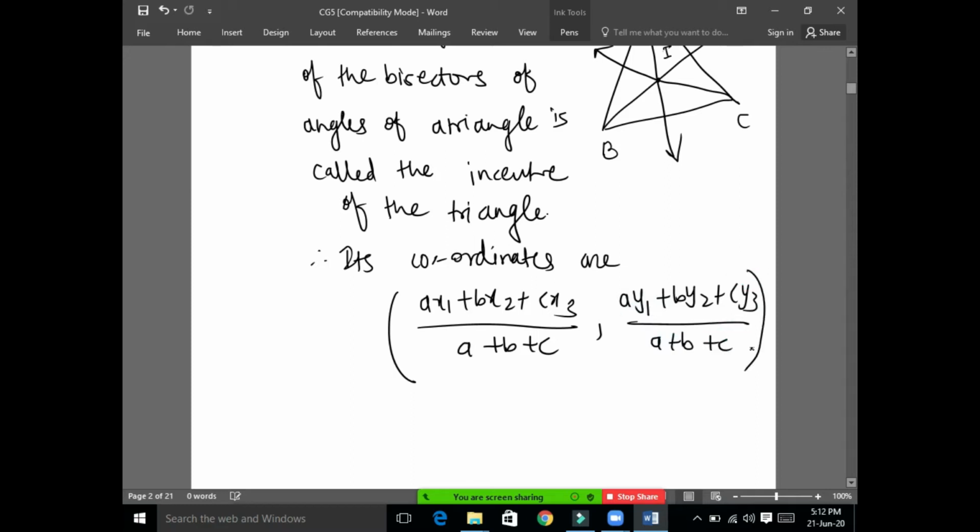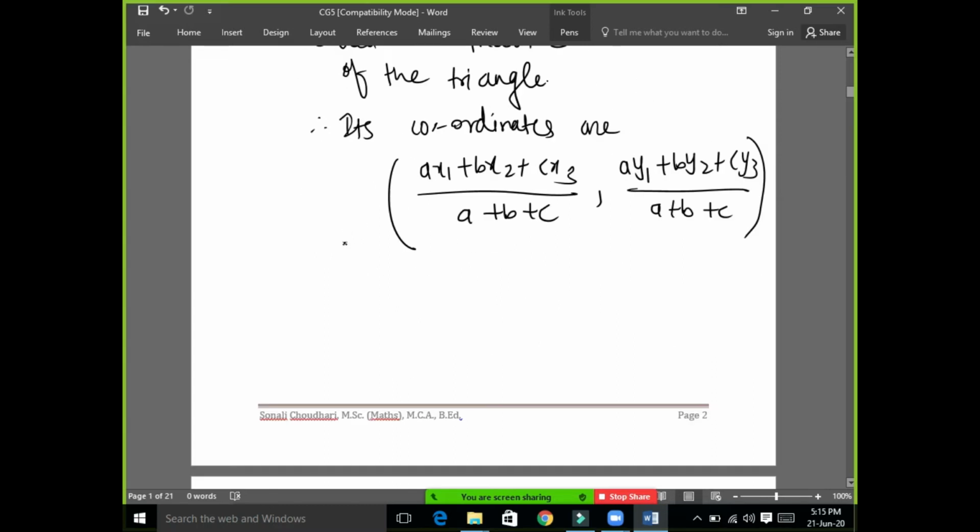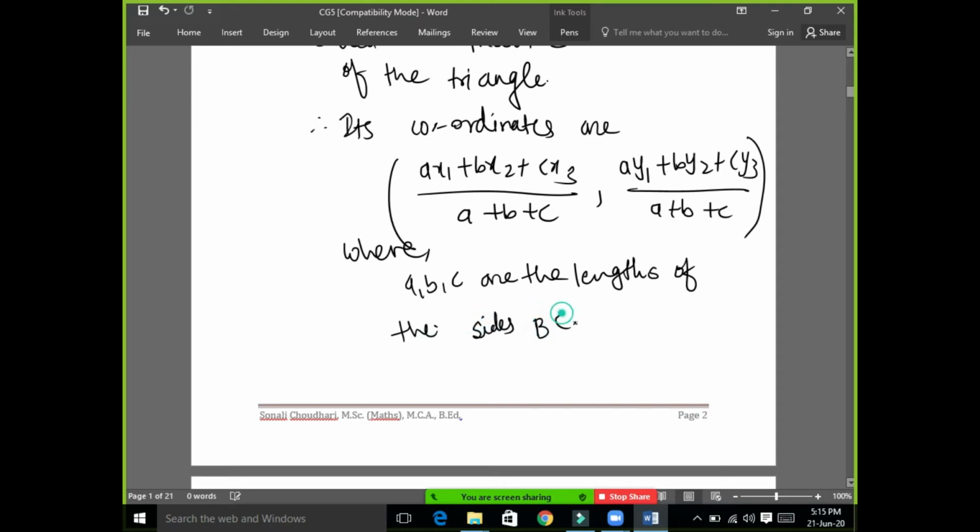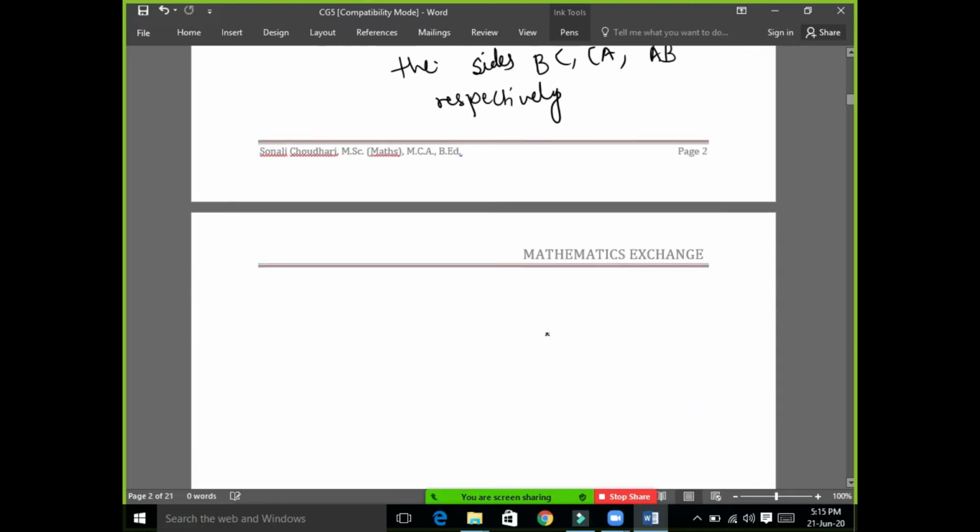Now we know about x1, x2, x3 and y1, y2, y3. But what about a, b, c? Where a, b, c are the lengths of the sides BC, CA and AB. So you must remember this sequence: A is related to the side BC, B is related to the side CA and C is related to the side AB.